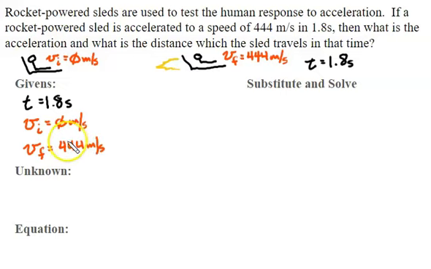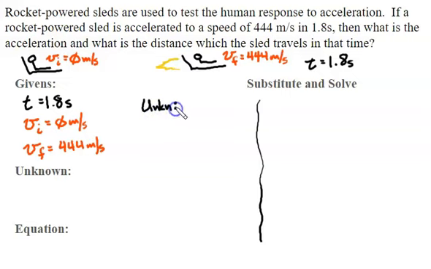But now there's two questions here. The first one is, what is the acceleration? And the second one is, what is the distance? So I'm going to simply write my givens here, substitute and solve. First, the unknown is, what is the acceleration?